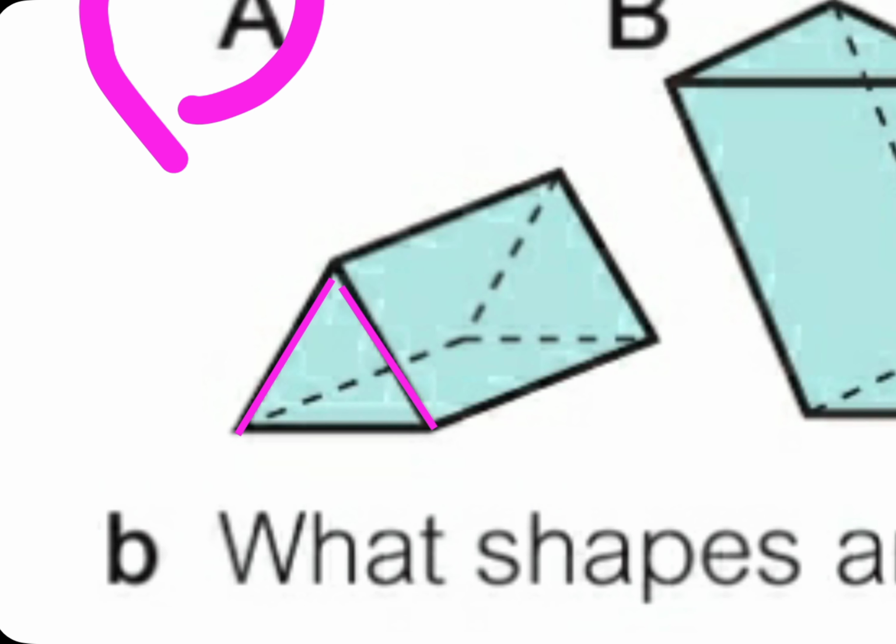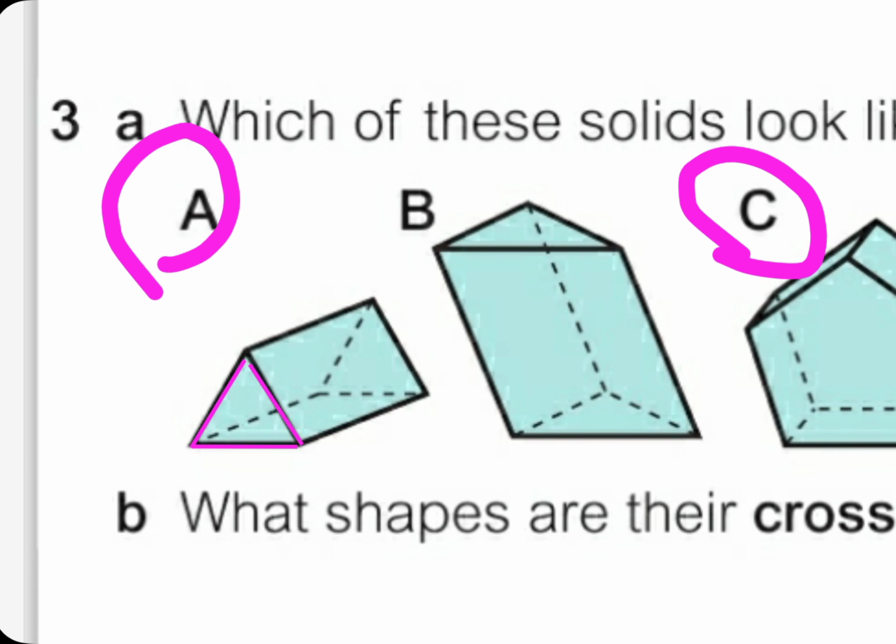So this triangle is the cross section of this shape. Wherever you cut or wherever you imagine the cross section, it's gonna be a triangle.